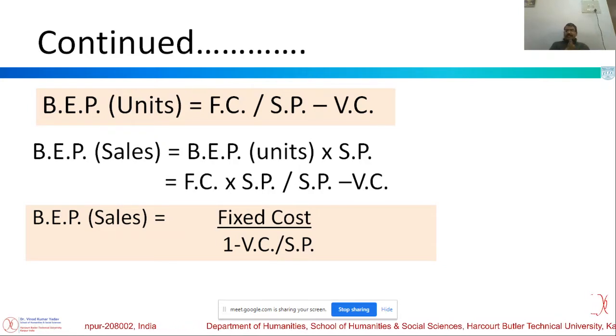In some books you will also find it as profit volume analysis. So break even analysis is now also termed profit volume analysis. When you want to know how much sale you should achieve to earn X amount of profit, you can calculate it with the formula.